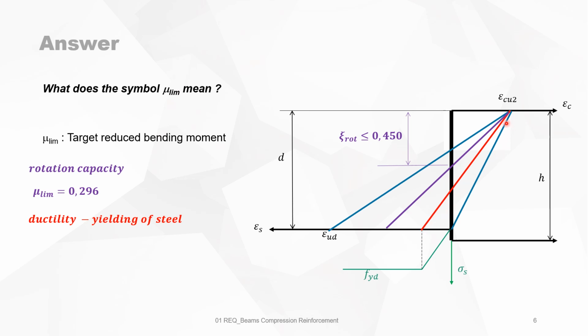So the red situation or the red load case is the load case where we achieve sufficient ductility of the situation, yielding of the steel. The depth of the neutral axis is then equal to 0.617 times d, and μ_limit is 0.371. So the two targets are rotation capacity and the yielding of the steel.